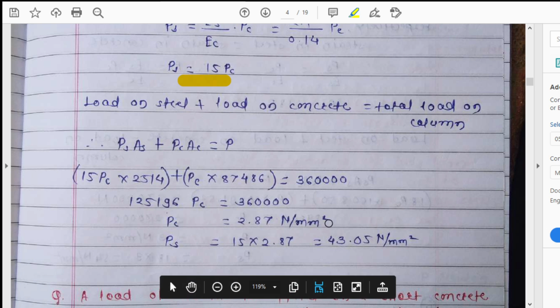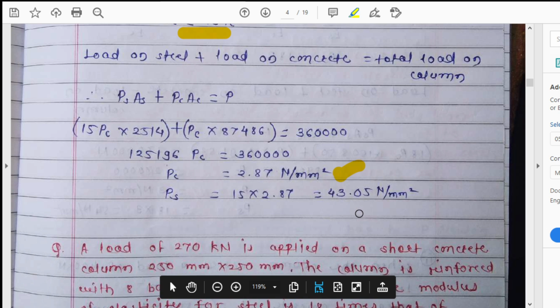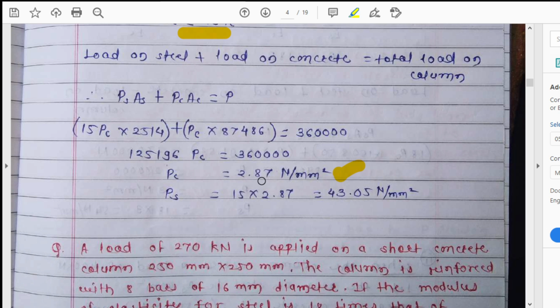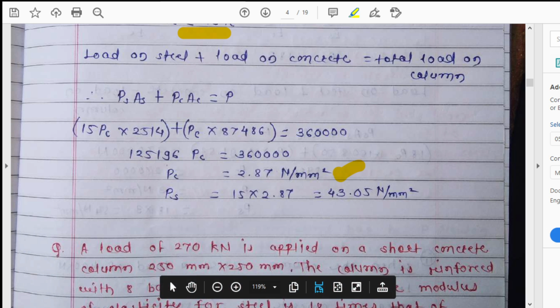Now by using this, we'll get the stress in concrete as 2.87 and the stress in steel as 43.05 newtons per mm square. Okay, this will be your total loads.